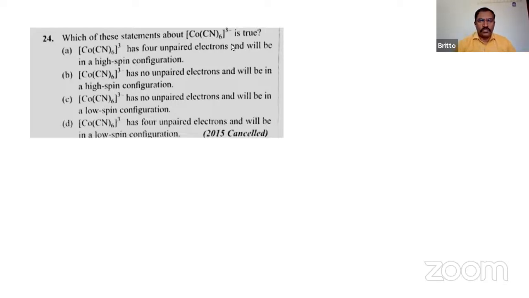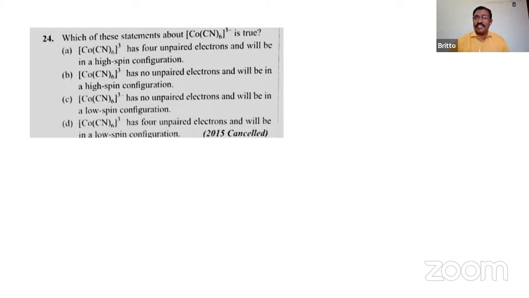And then what is the cobalt electronic configuration? Cobalt atom is 27, so it is 4s2 3d7, and we are going to remove 3 electrons, so it is going to be 3d6. 2 plus 7 is 9 electrons, and we remove 3.